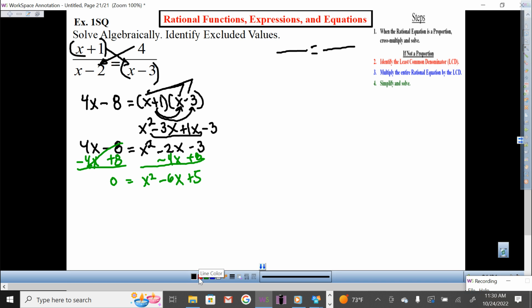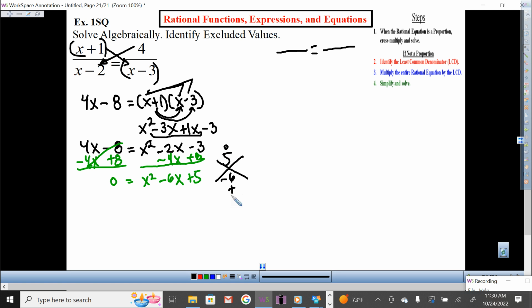We got it? Yes? All right. Steve, go. What do I do? Yes, we solve it, but what do I do to this trinomial? Okay, help him out, Alyssa. The 5 and the negative 6.